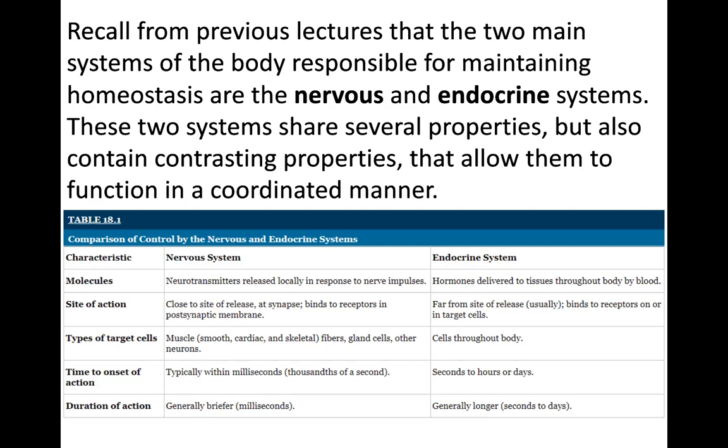Okay, duration of action, so how long the action lasts, is very brief. Once again, milliseconds is what we always deal with in the nervous system, whereas with the endocrine system, it's generally longer, as in seconds to days.